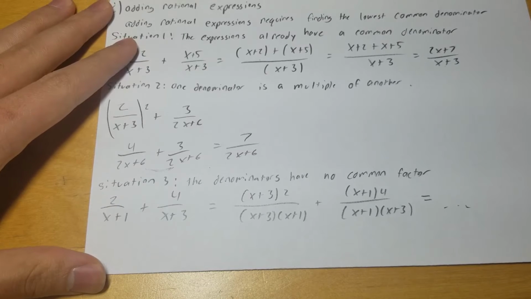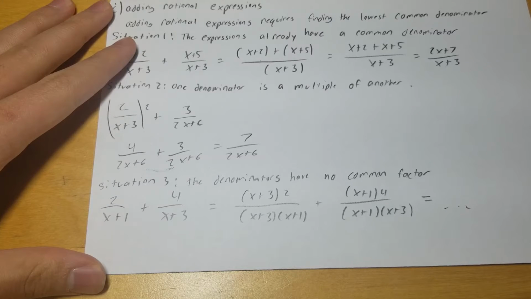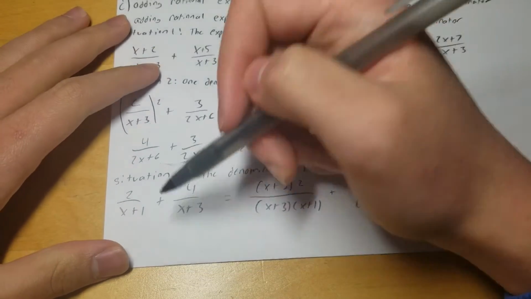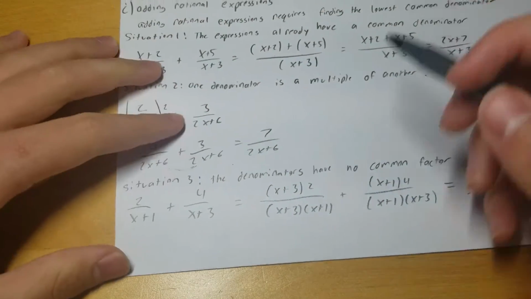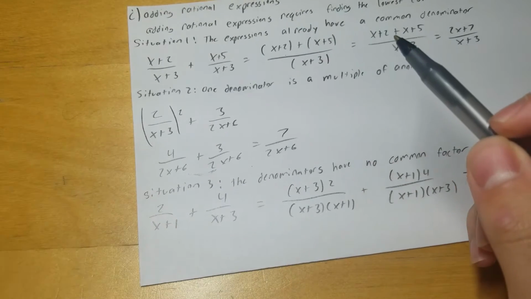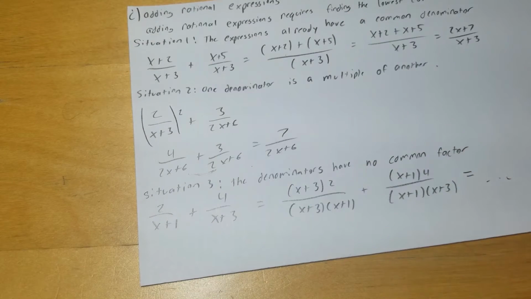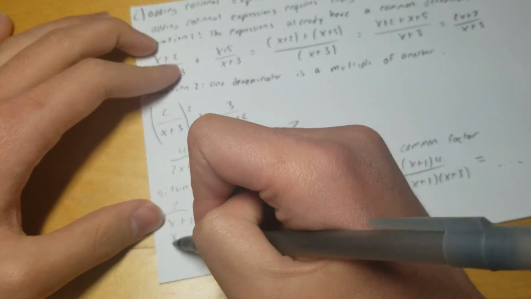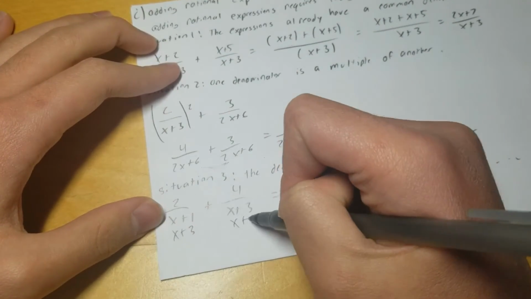situation is that the denominators have no common factor. This is easier, but it's a little bit more complicated. You see that this cannot factor that, and that cannot factor this, you know what I'm saying? So what you have to do is the lowest common denominator you can achieve is when you multiply (x plus 1) times (x plus 3), and multiply this side by (x plus 1).